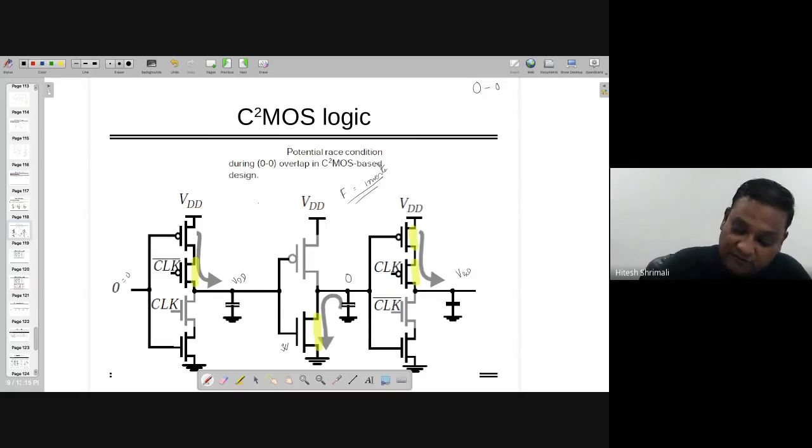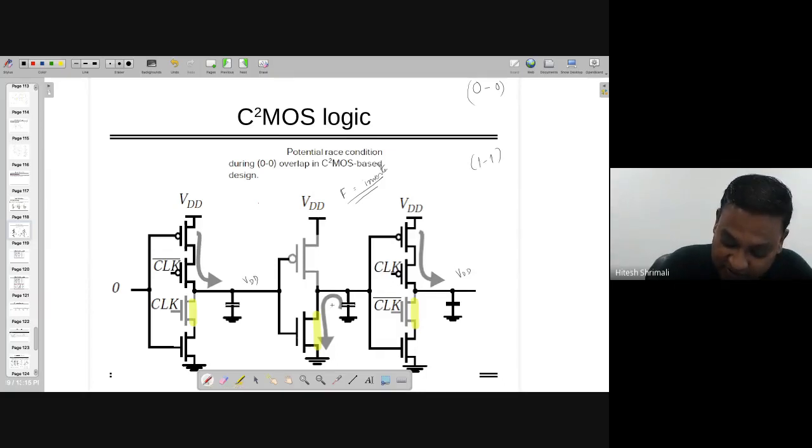So if it is 0, 0, that is the case. If it is 1, 1, what is going to happen? Let's see that. In the same circuit, we can check what is going to happen if it is 1, 1. In the case of 1, 1, this transistor is going to be on, this is on, and for clock, okay, 1, so this is also 1, right? So here, when input equal to, let's say 0, then this is VDD.